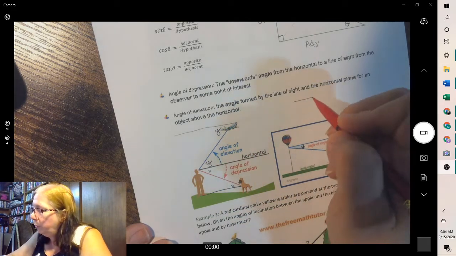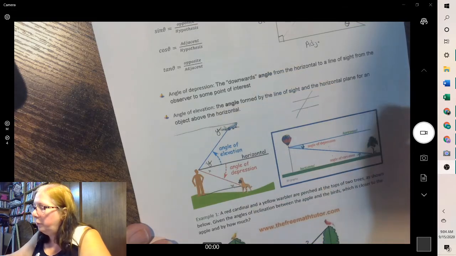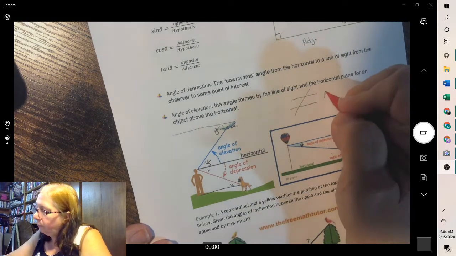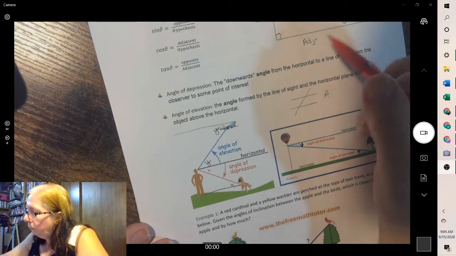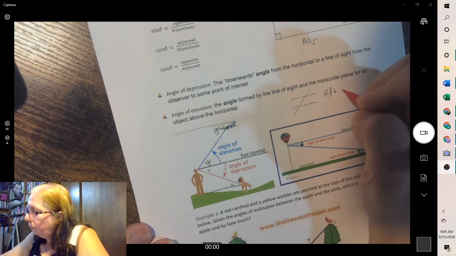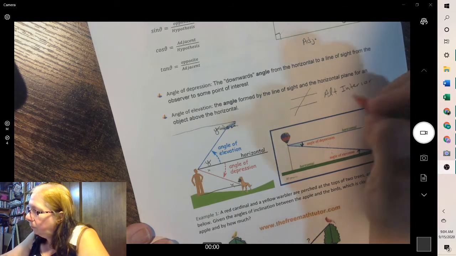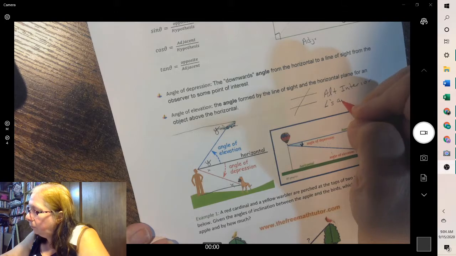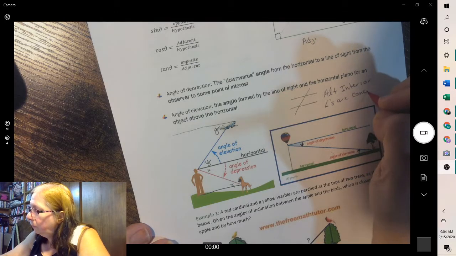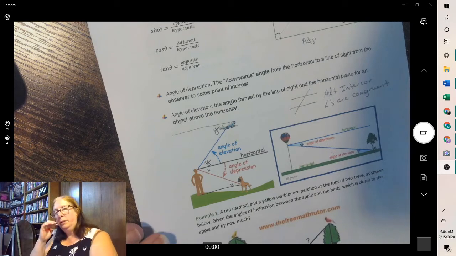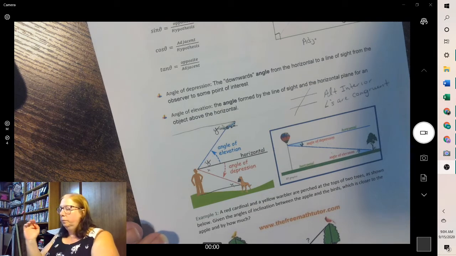So it's two horizontals cut by a transversal. So alternate interior angles are congruent.